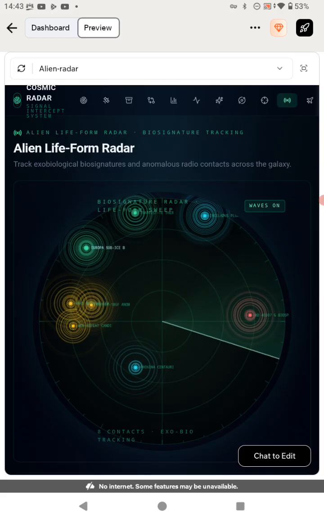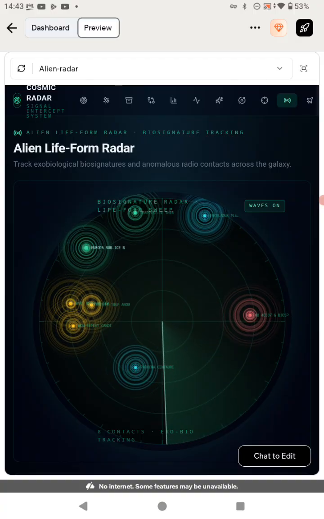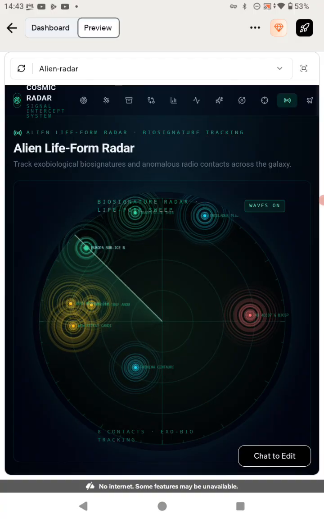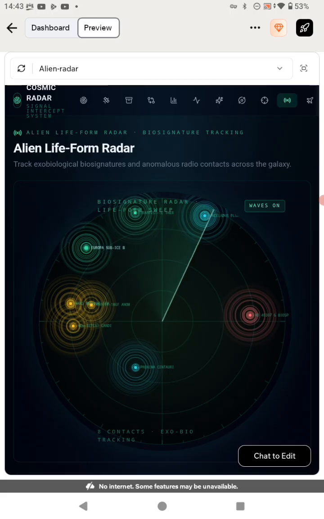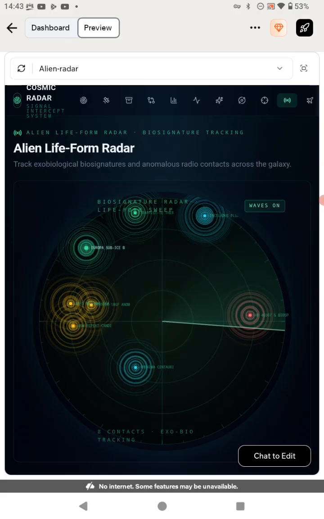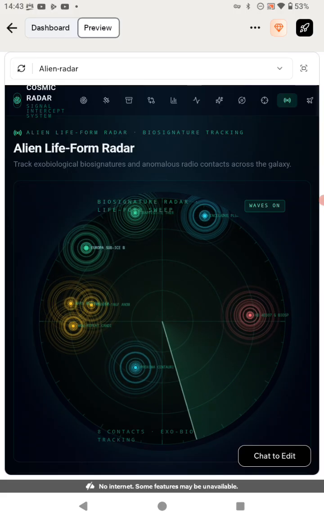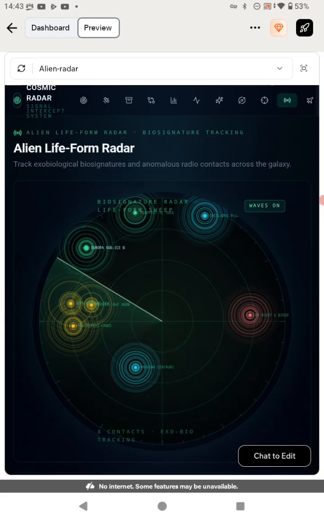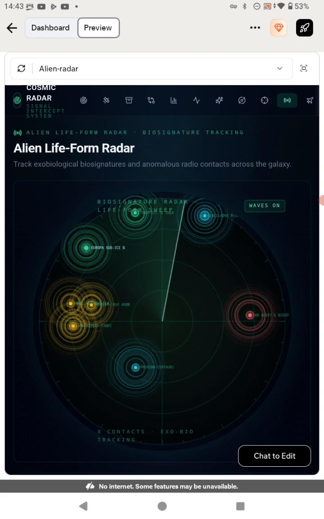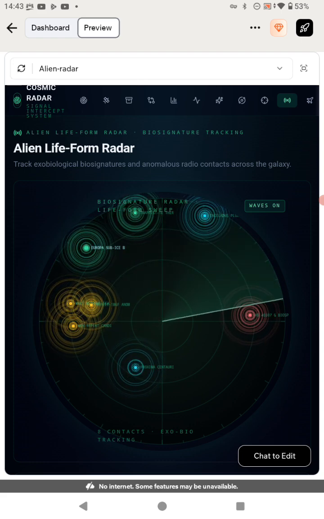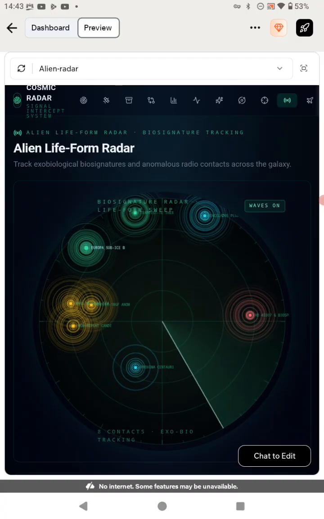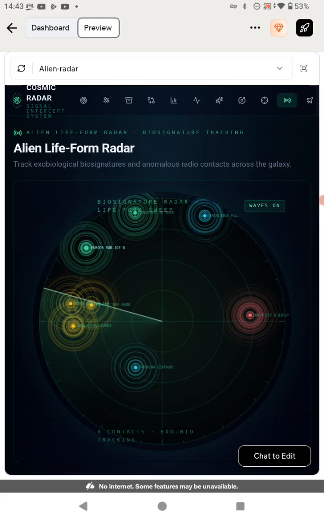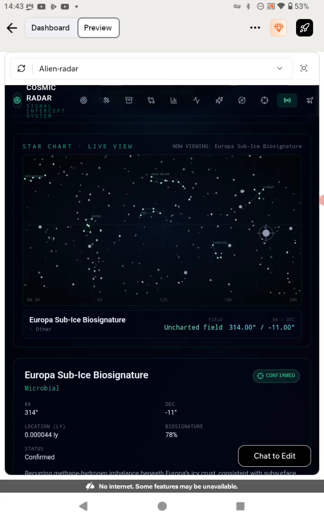But this alien life form radar will also tell you what's on a different planet or a different star, and if they have like water, trees and that, well, that is a life form on a particular planet. So I thought this one here would be very interesting. Because if NASA spots a UFO, you can guarantee the government will put it away. You never even hear about it. Like Project Blue Book.